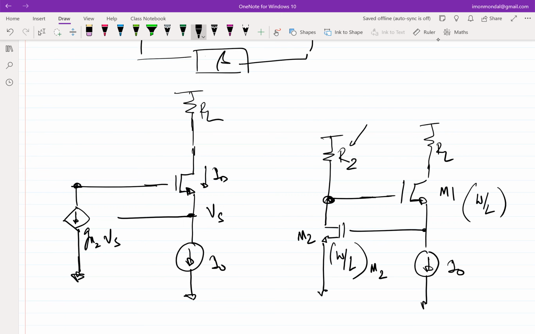Because ultimately, this value of R2 will set up this voltage, right? And if you assume this is VDD, right? So you cannot put any arbitrary value of R2, right? So there will be some constraints on the value of R2 which will set this voltage, the gate of M1.